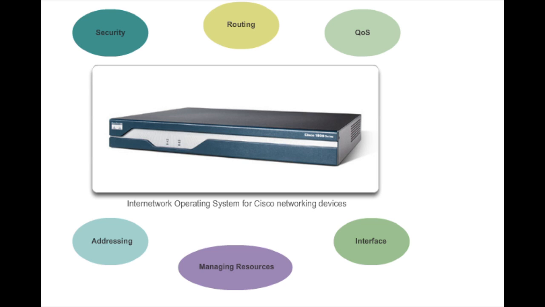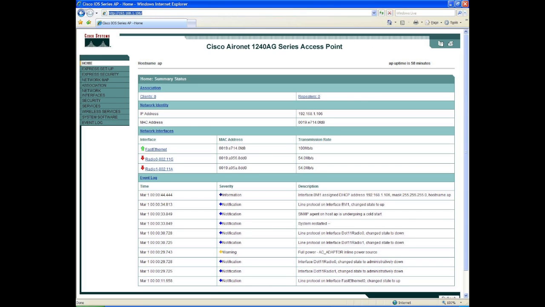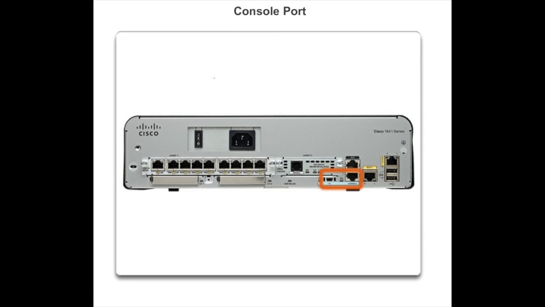We have two ways of accessing this IOS: through the GUI, which is a web browser, and through the CLI. This is more hardware dependent since it depends on accessing it through a console, that means another computer maybe, an SSH, which can be an internet cable, or an auxiliary port, which is usually known as a telephone port.